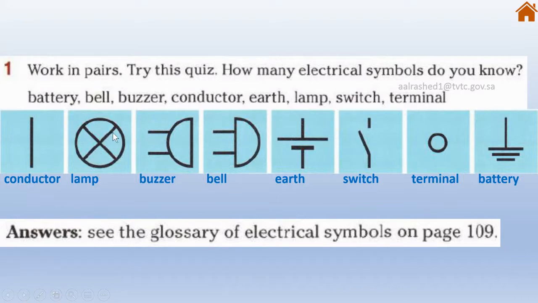In order to turn on the lamp, you need a battery and conductor. So the battery transfers electricity through the conductor, then it goes to the lamp and it will shine light. You also need a switch where you can turn the electrical power off or on. So these are examples of electrical symbols that we see when you want to draw an electrical circuit.